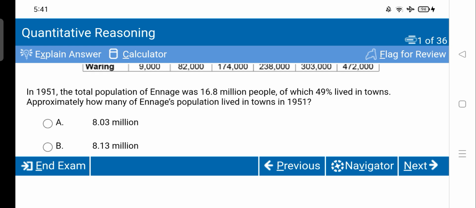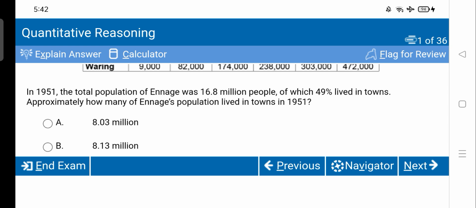So in 1951, the total population of Inage was 16.8 million people, of which 49% lived in towns.